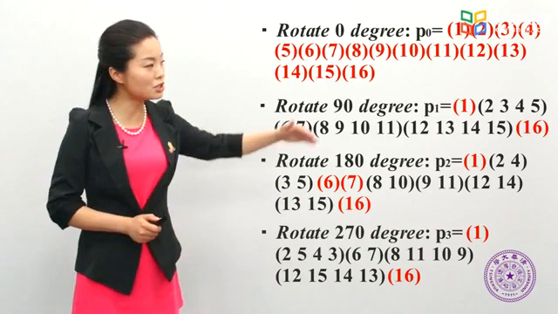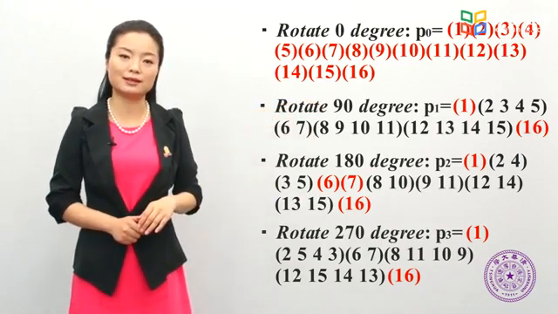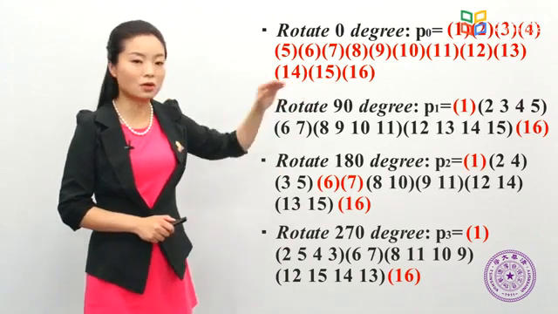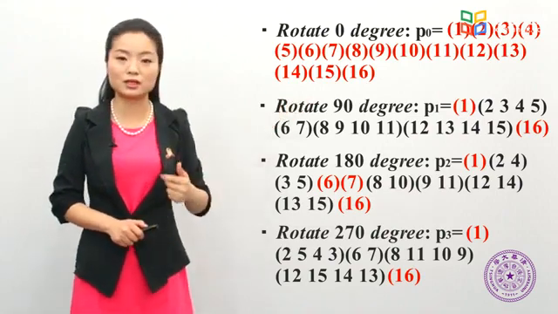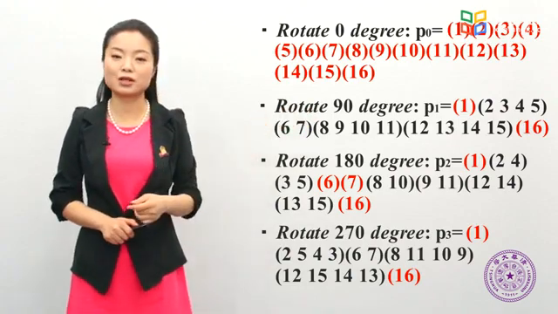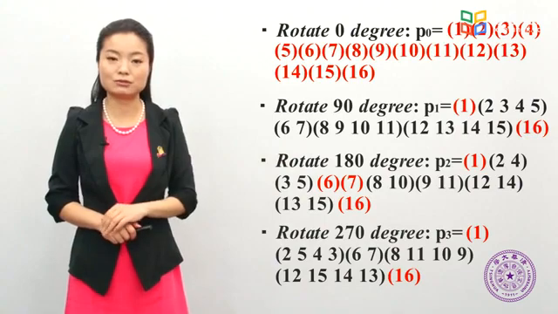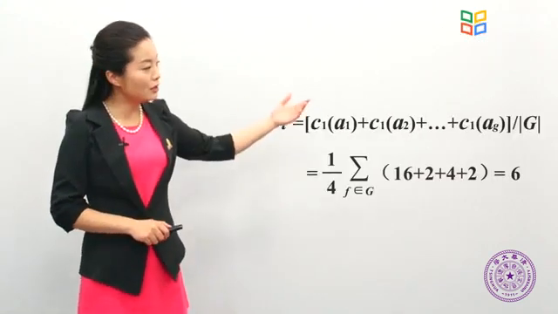If we are only considering rotations, then for each permutation we can see how many one-order cycles there are. Under 0 degree rotation, there are a total of 16 one-order cycles. The rotation of 90 degrees has 2 one-order cycles, 180 degrees has 4, and 270 degrees has 2.